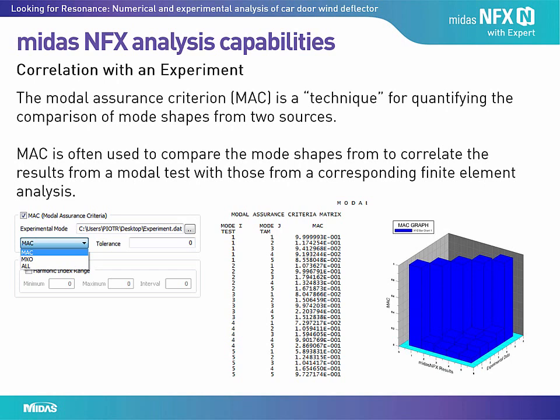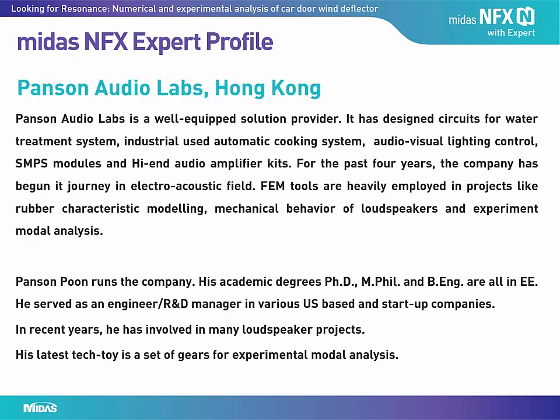MAC is often used to pair mode shapes derived from analytical models with those obtained experimentally. MAC value can change from 0 to 1, and 1 signifies a perfectly correlated mode, but generally it's accepted that a value greater than 0.9 is considered a good correlation, and everything which is less than 0.05 is uncorrelated. So during this session we will see how this feature can be used in practice.